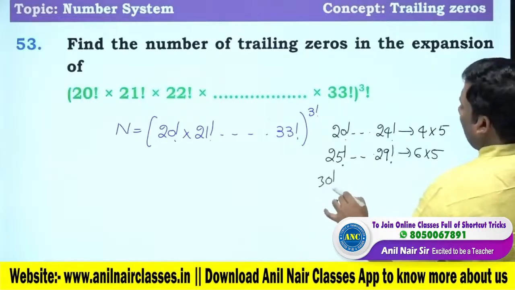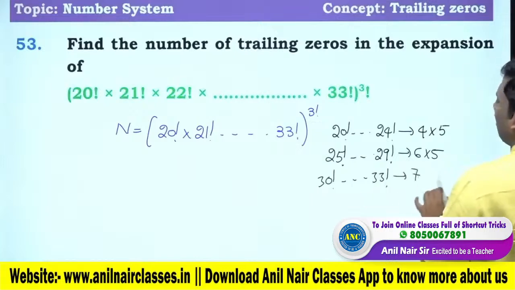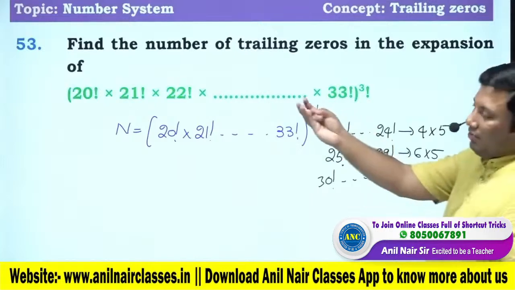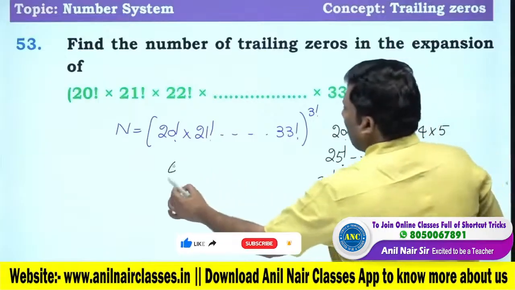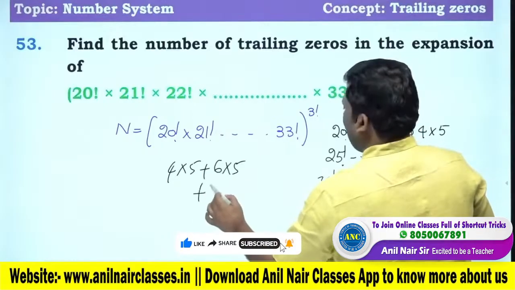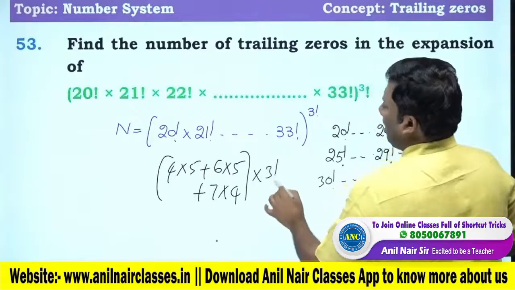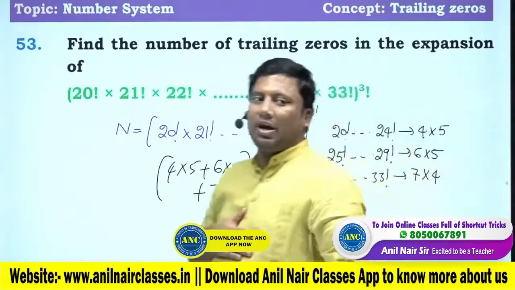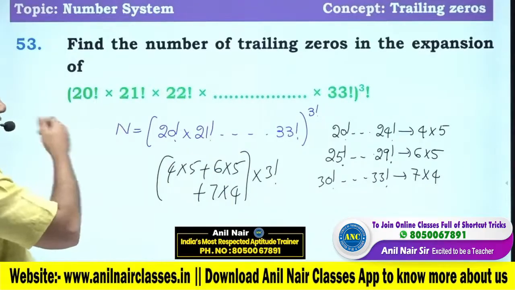30 factorial till 33 factorial, how many numbers? 30, 31, 32, 33: 4 numbers, 7 into 4. So the answer will be 4 into 5 plus 6 into 5 plus 7 into 4, into 3 factorial. A power n will become A power m into n. Is the idea clear?